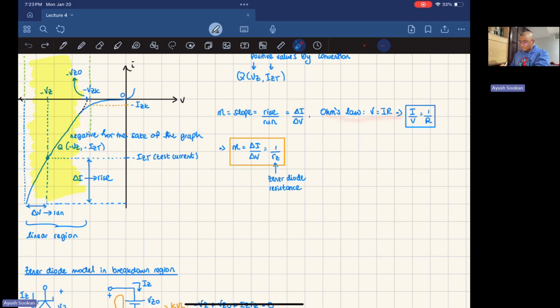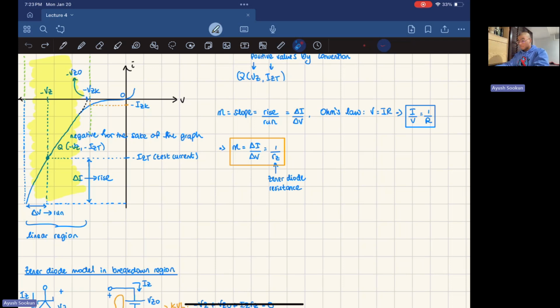Ohm's law tells me that V equals IR. So if I have I over V, which is what I have here, that would correspond to 1 over resistance. We're talking about a Zener diode, so this resistance right here would be RZ, which we'll call the Zener diode resistance. So that's all I did. I just found the slope of this. It's linear. What is one equation that represents a linear curve for I and V? It's Ohm's law.